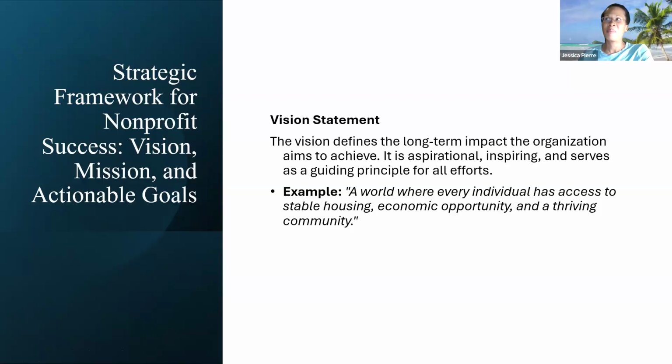Dr. King's statement, like people of all races can just coexist in peace. That's one of them. But I'm looking for something else. Equality. A world where a person is not judged by the outside. Not by the color of their skin, but by the content of their character. Yes, that's his vision for the world. So you see what I mean by vision statement? Right.